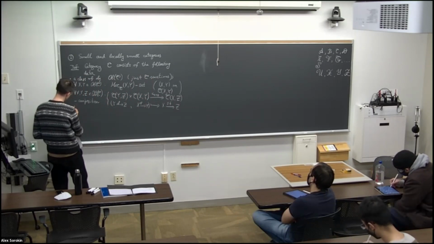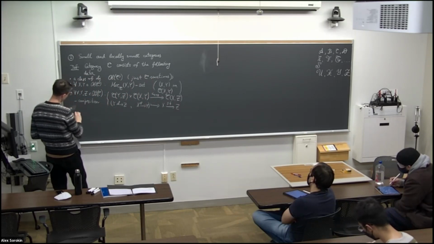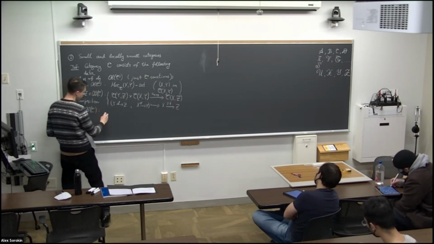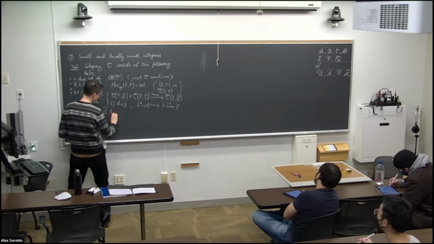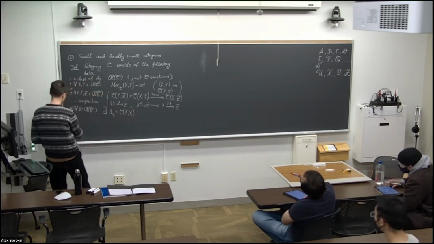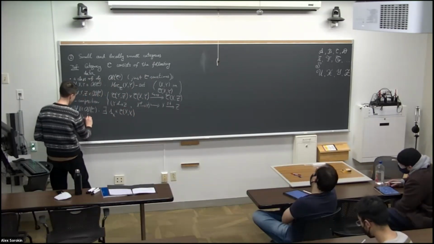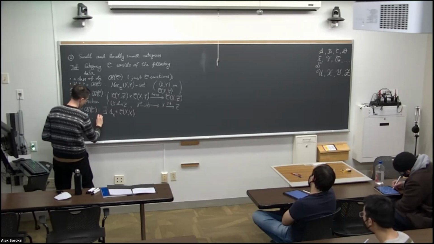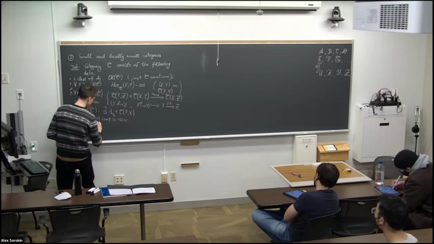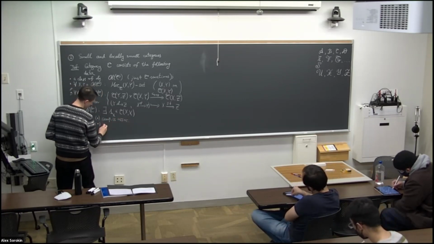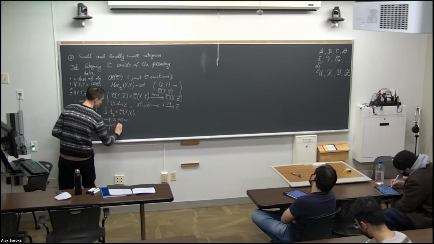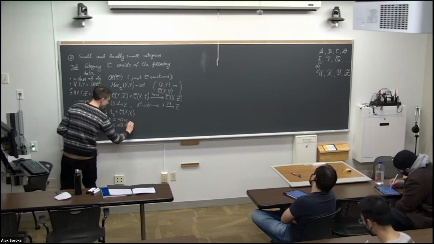Oh yeah, I forgot, and identity morphisms. For every X, there exists an arrow 1 sub X belonging to C(X,X) such that composition with identity law holds.